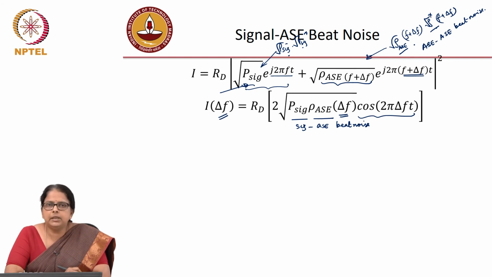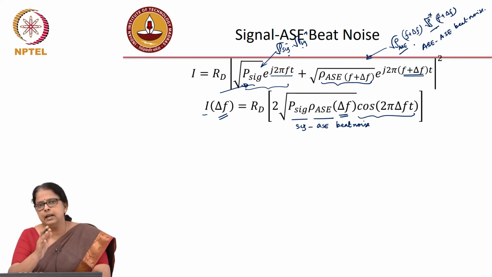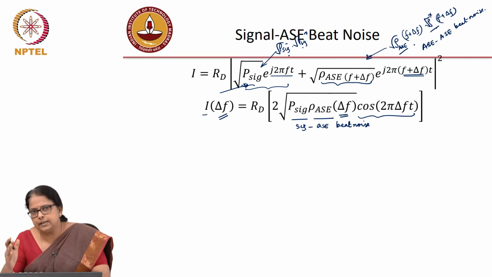So, the signal beating with ASE will give me a large power, and that is simply noise power. That is something that I do not want. So, essentially the current at this Δf frequency, the beat frequency between the signal and this specific ASE that I considered, that is the noise, and I want to quantify that noise.